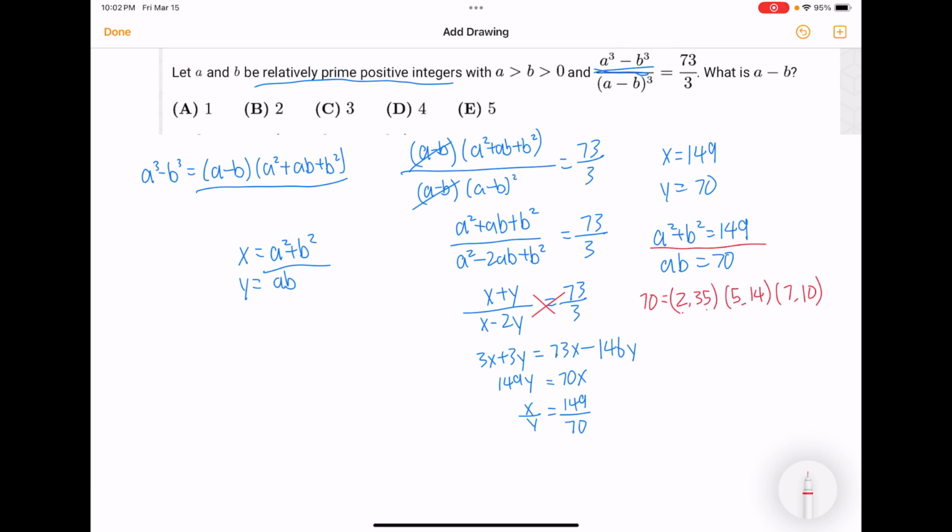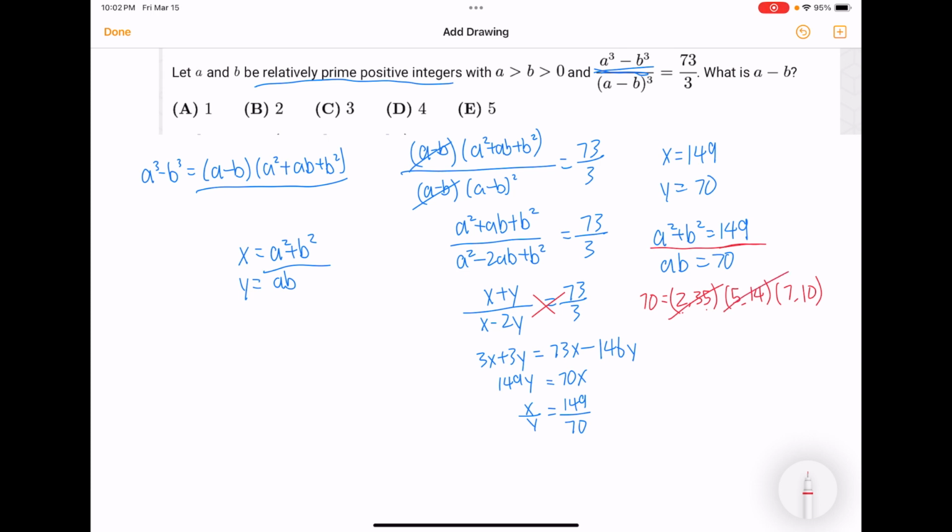And so we can automatically eliminate 2 and 35. And the same goes for 14. 14 times 14 is definitely over 149, because if you don't remember all of those perfect squares, 12 times 12 is 144. And this is 149, so that means that 14 times 14 is definitely over 149.